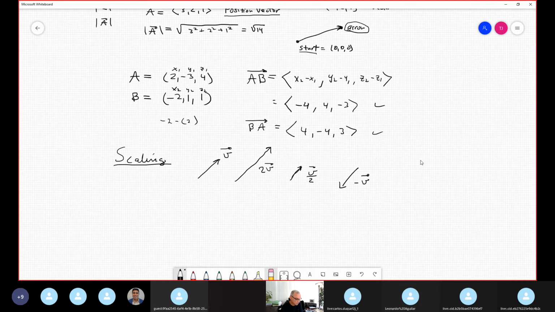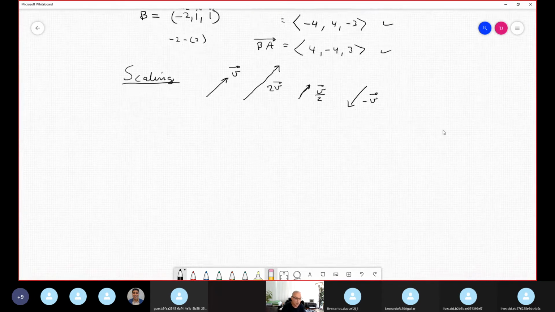Addition and subtraction. Let's do addition and subtraction. Let me explain addition and subtraction, first of all geometrically, and secondly algebraically.